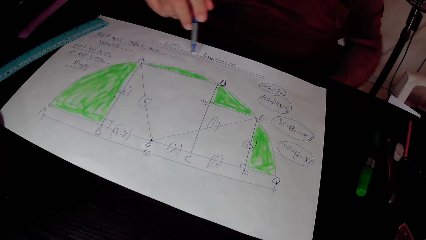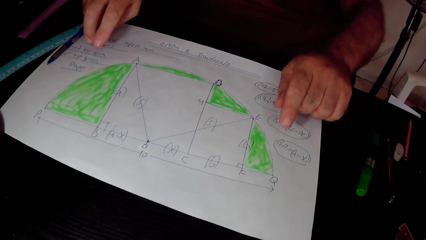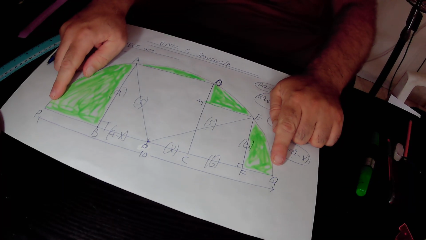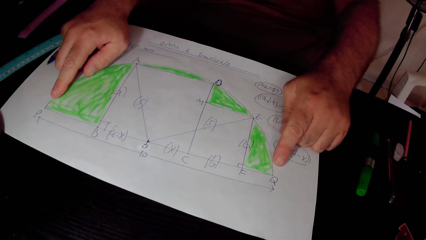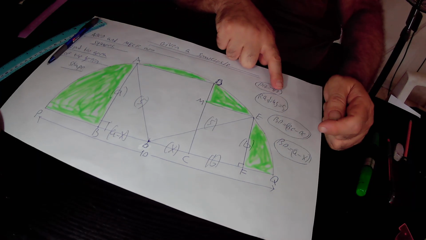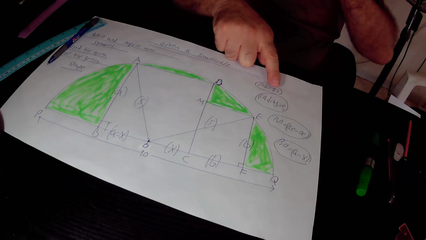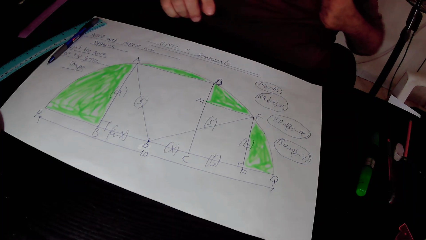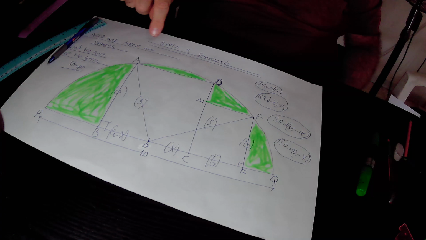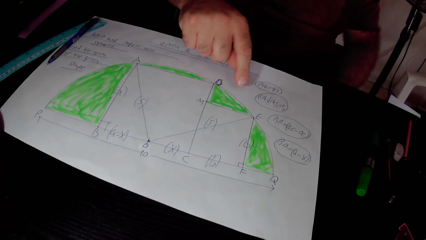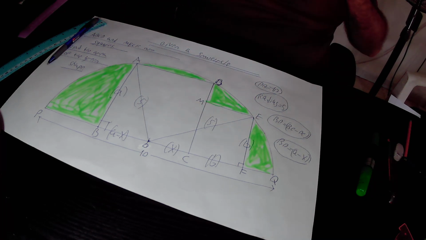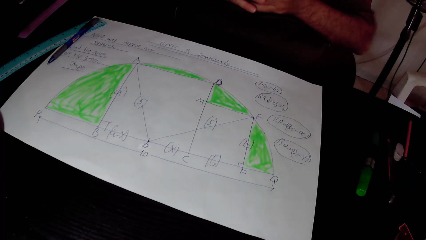In the drawing we have a semicircle. We know that the diameter PQ equals 10, therefore the radius is 5 units in length. In addition, inside this big semicircle we have the big square ABCD and the small square MECF. Again, our task is to find the area of this grey shape.